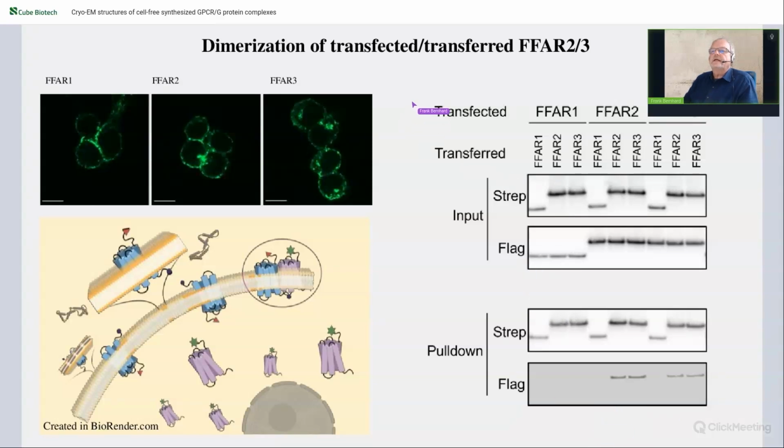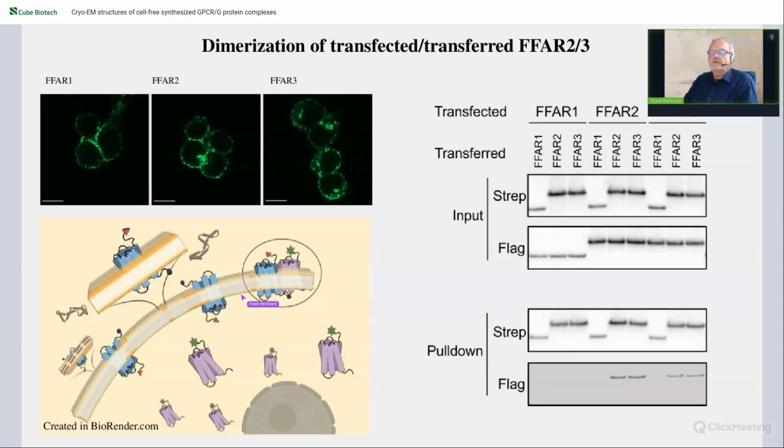Okay, but back to the dimerization. What we did here with the free fatty acid receptors: first we checked whether they all transfer, which is the case for FFR1, 2, and 3. Then we first transfected the cells with suitable templates, synthesizing the GPCRs. And then we transferred into these transfected cells combinations of our cell-free synthesized and purified GPCRs.